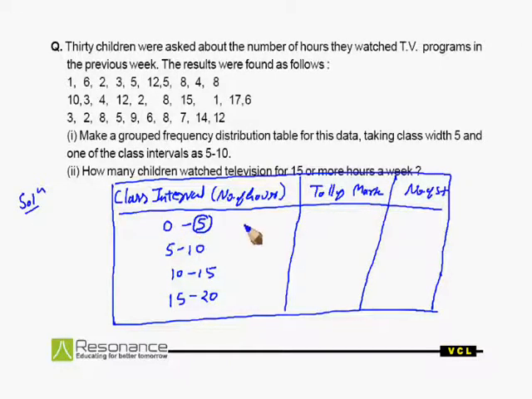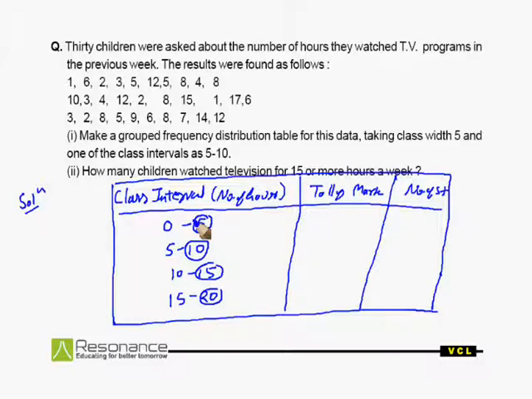In the same way, in the second class interval, 5 to 10, the 10 is not included, so we take students who watch from 5 to 9 hours. In the same way, for 10 to 15 we do not include 15, and for 15 to 20 we do not include 20.